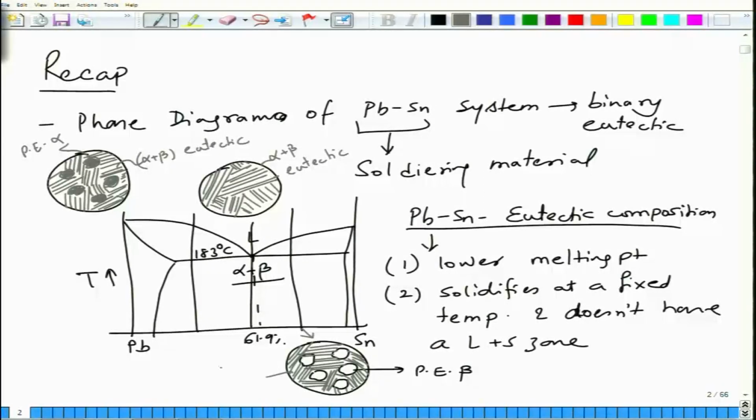So this is alpha plus beta eutectic. Again you have two different forms of beta, one is the beta in proeutectic form, second is the beta in the eutectic form. Both of them will have same composition, but their morphology is different.